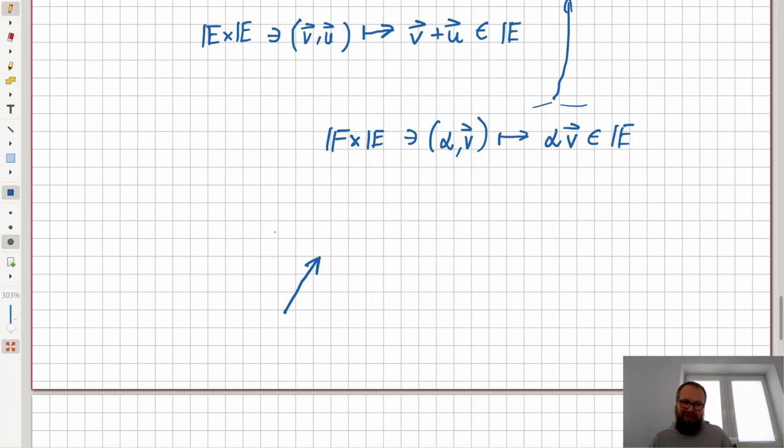I can draw another one. Second vector. So this would be V, this would be U. I hope you saw this somewhere. So all the arrows I can draw in this way should sit in our set E, which contains all the arrows.